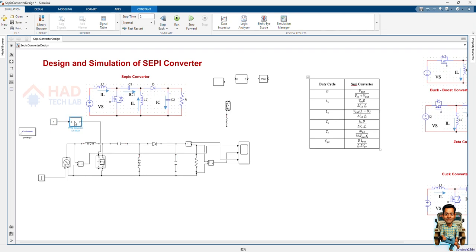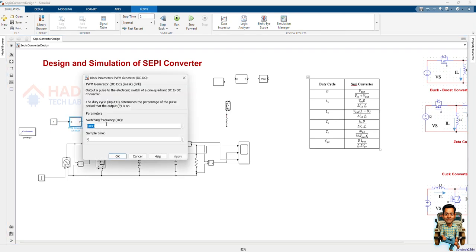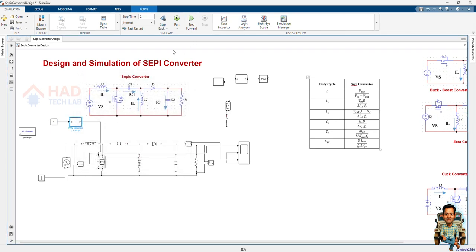Then here set the frequency value. I choose 20 kilohertz fs. Now run the simulation.